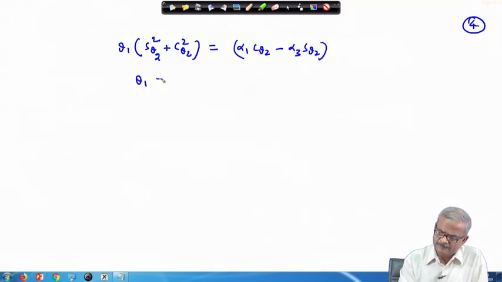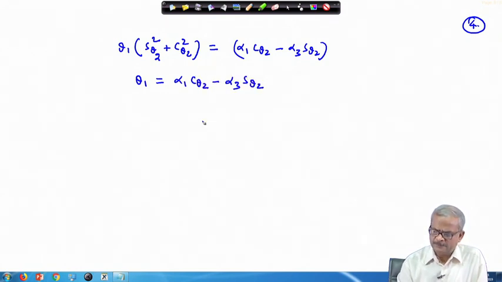So, the theta 1 term becomes alpha 1 c theta 2 minus alpha 3 s theta 2.